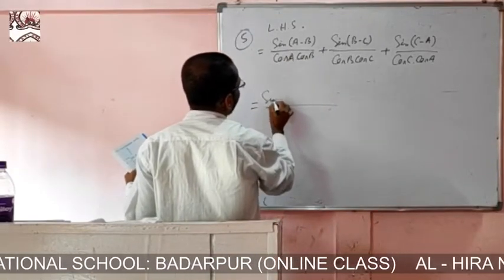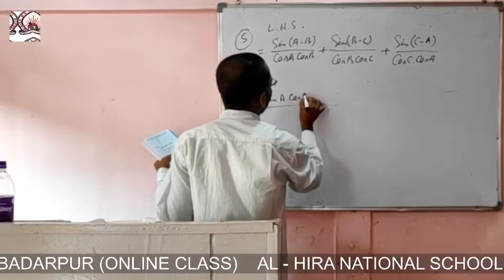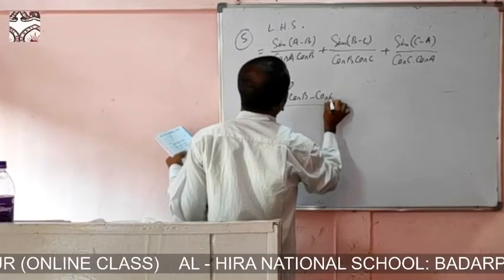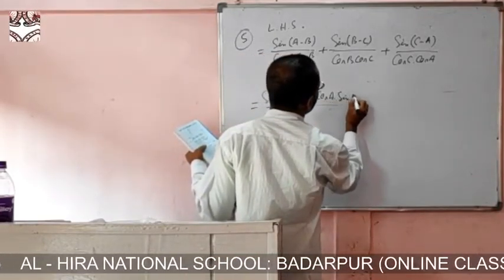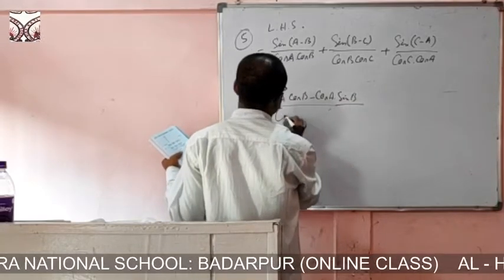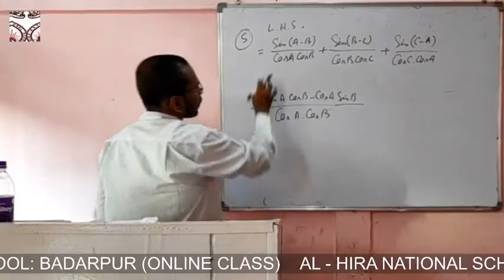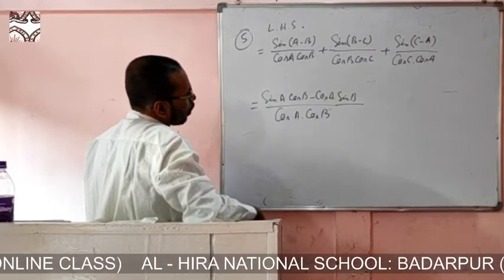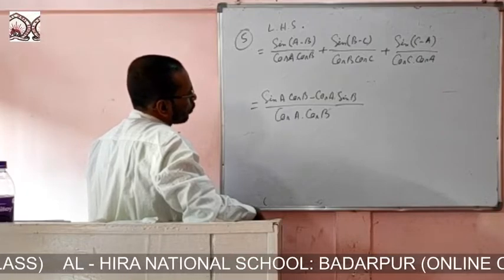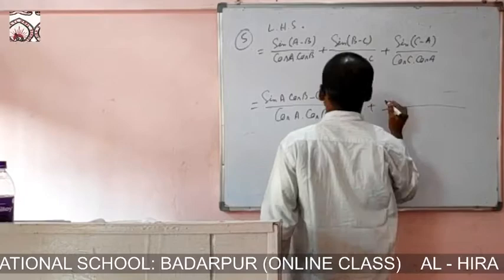This is the sin(A minus B) formula. Sin(A minus B) is sin A cos B minus cos A sin B by cos A cos B. Then sin(B minus C) like this also.